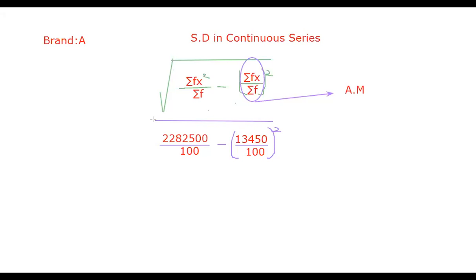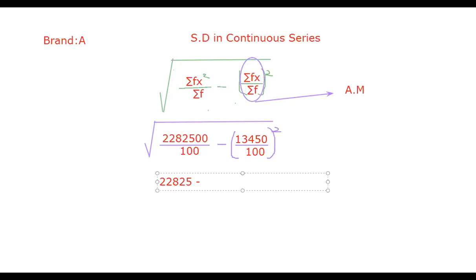Now we need to simplify. At the end we can strike out these two zeros. So sigma fx square is just 22,825, right?